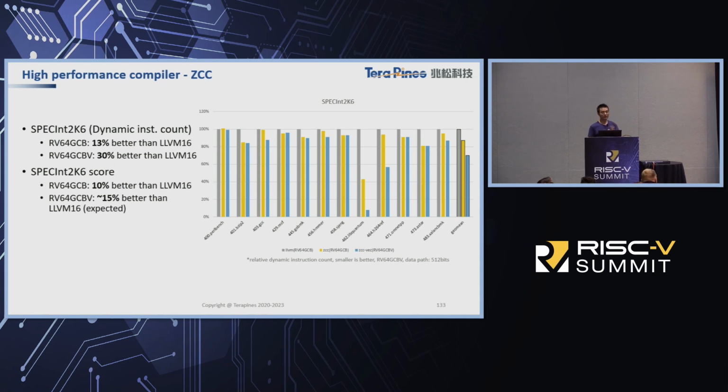If you are a compiler person, you know it's quite difficult to achieve such a large improvement on this kind of benchmark. Also, we ran actual performance on an out-of-order CPU platform, and we achieved 10% better cycle count than LLVM-16. We are also expecting 15% better performance than LLVM-16.